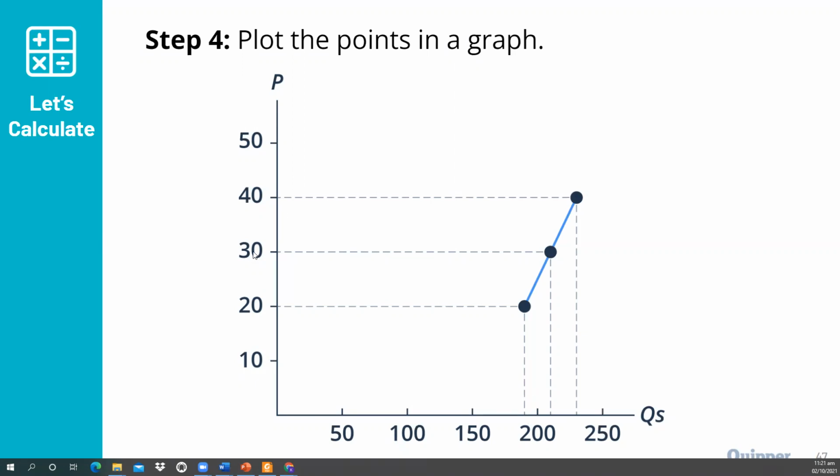The next one, if he sells it at 30, then the willingness and capacity to produce such product is 210. And then, of course, at 40 pesos or higher, the willingness to produce such product is 230.